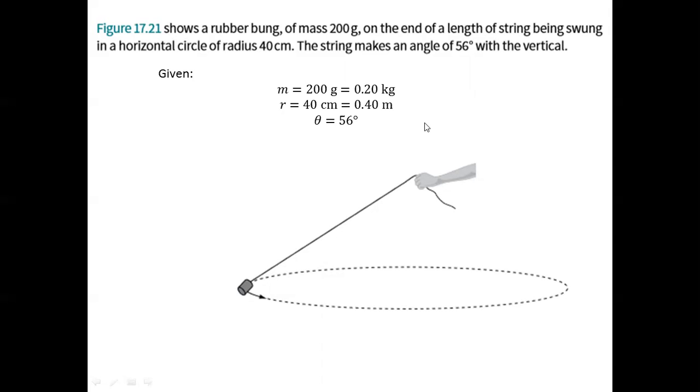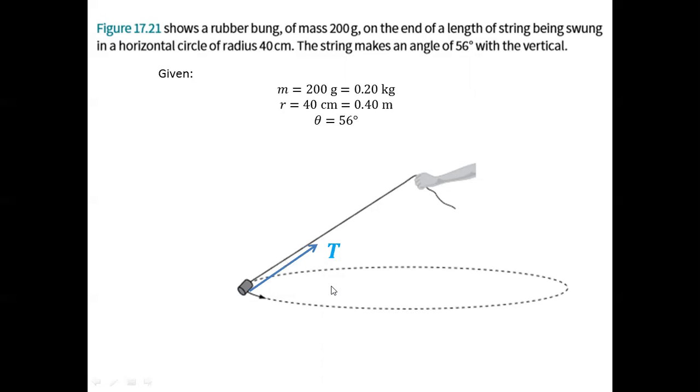Now, the next step that we need to do is to make a free body diagram. This free body diagram will help us to imagine the forces acting on the bung. So let's begin with the force that acts along the string, which is this force. And obviously, this is the tension.